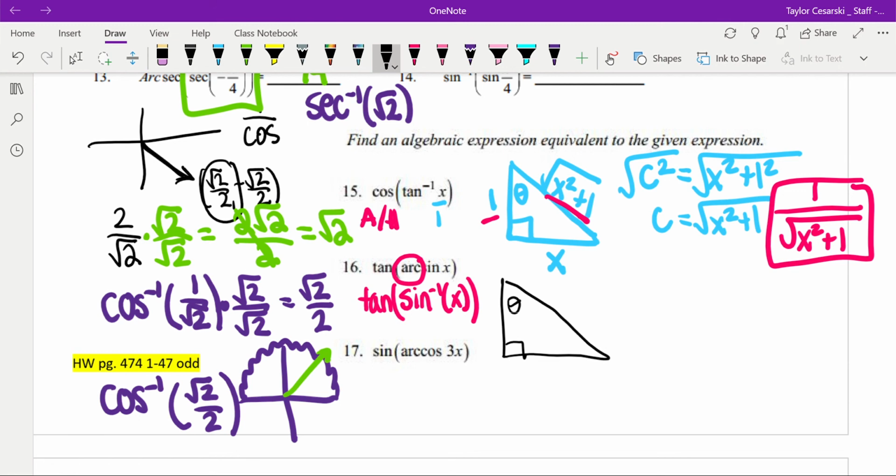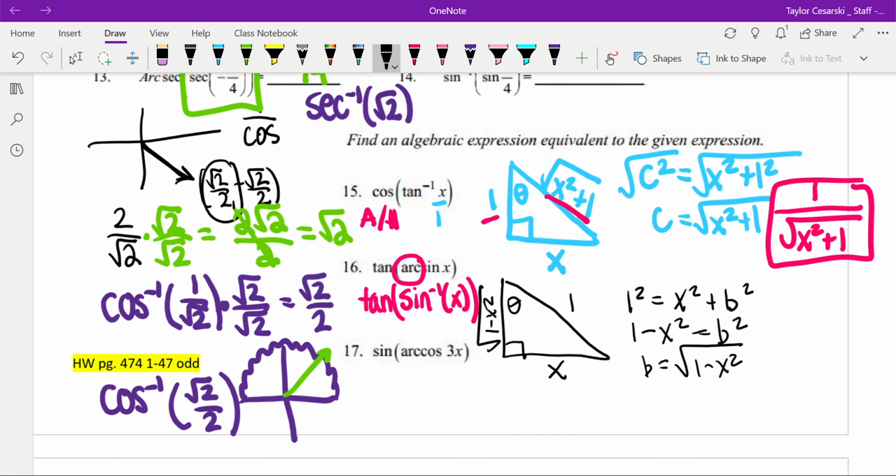Sine inverse of x: opposite over hypotenuse, so opposite is x and my hypotenuse is 1. So 1 squared equals x squared plus, let's say, b squared. So 1 minus x squared equals b squared. So b equals the square root of 1 minus x squared.